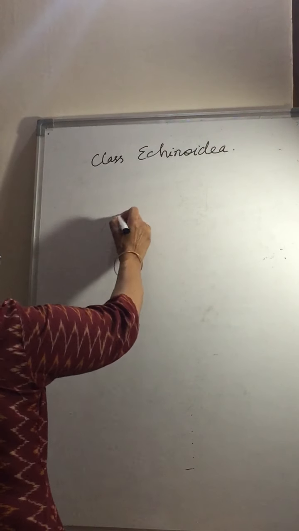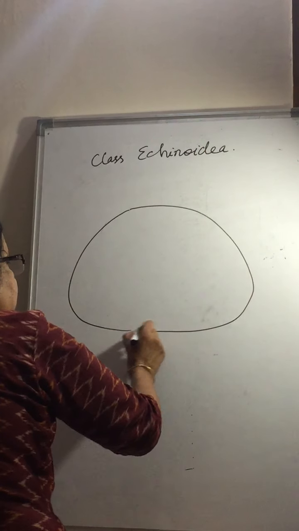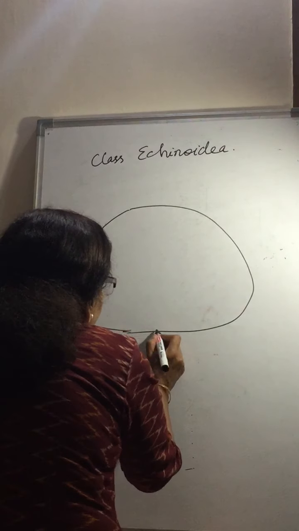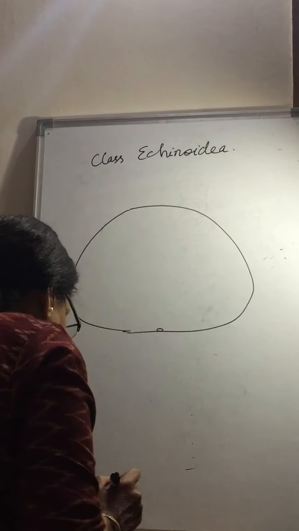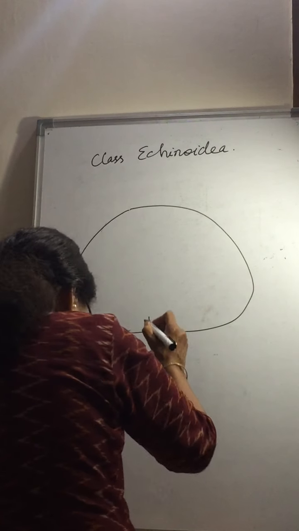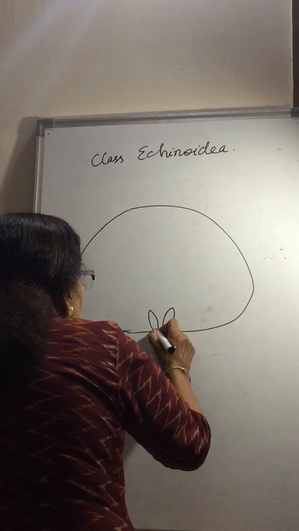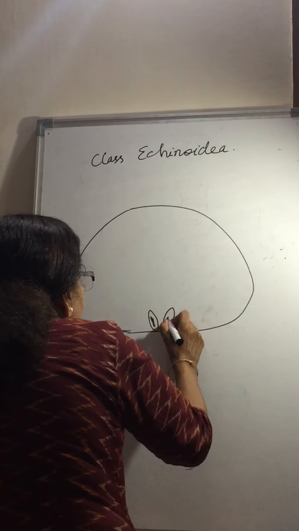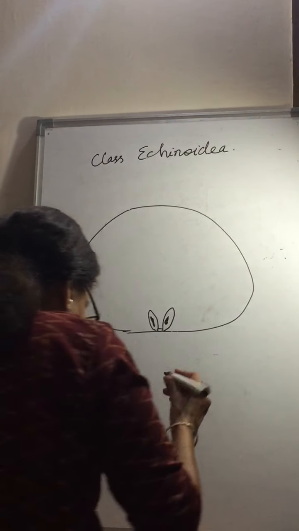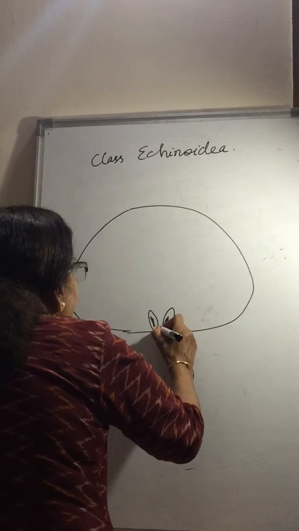Here we see that the mouth is there, and it is surrounded by these teeth-like areas of the Aristotle's lantern, and the mouth leads to the esophagus.